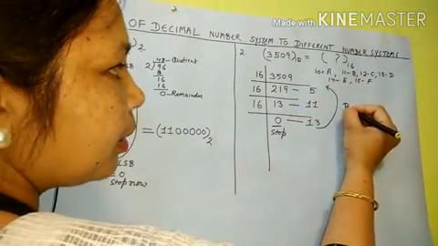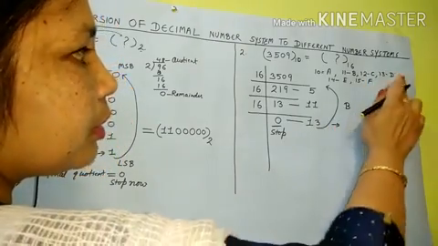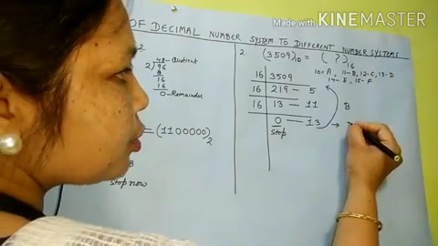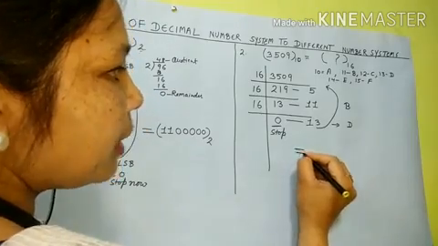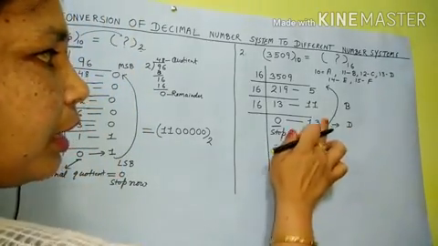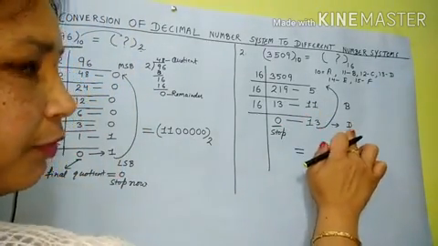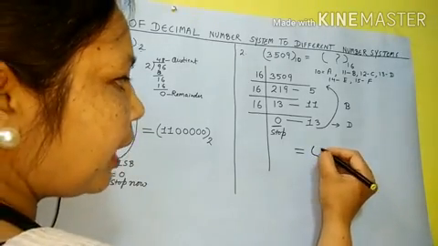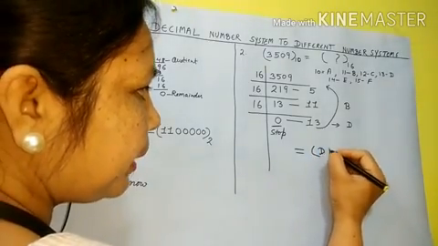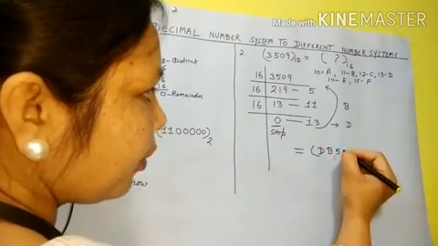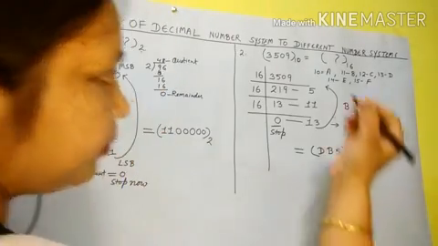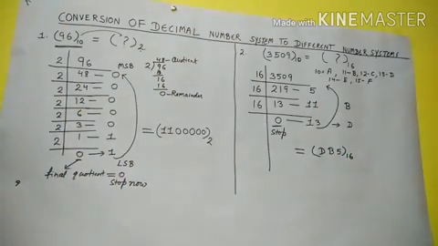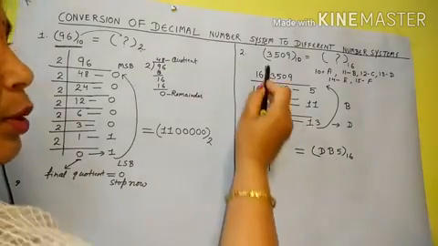B. This one is equivalent to, just find out, D. So start writing from here. Instead of writing 13, what will you have to write? D. So we'll write D, B, 5 to the base 16. This is the hexadecimal equivalent of this given number.